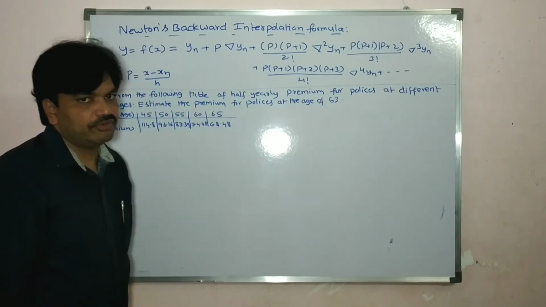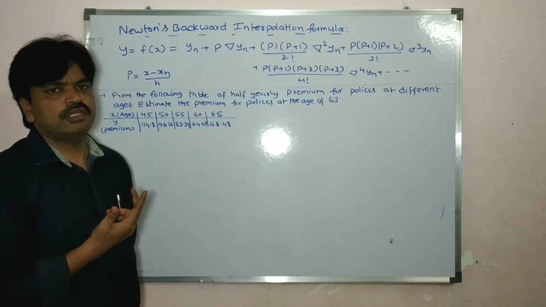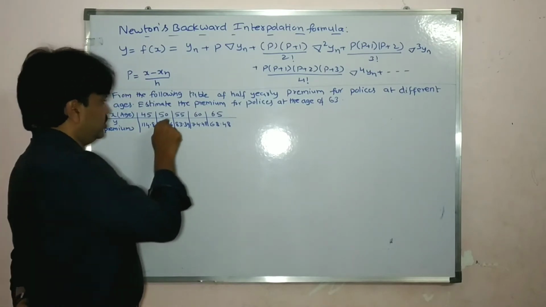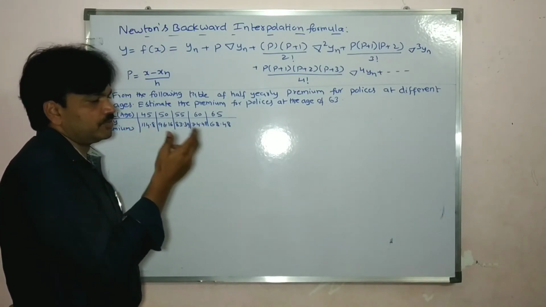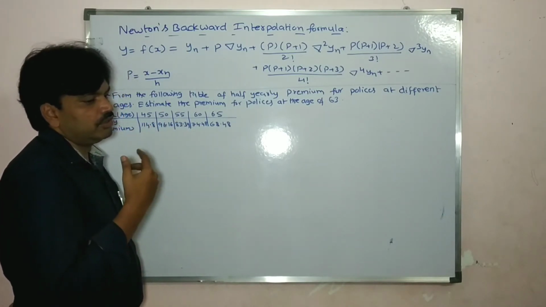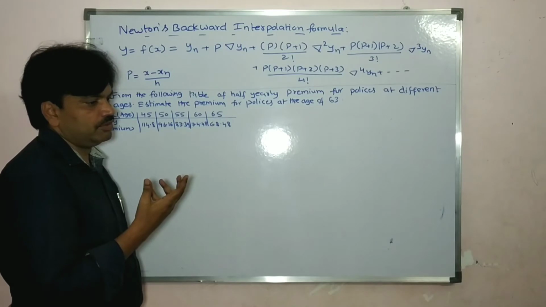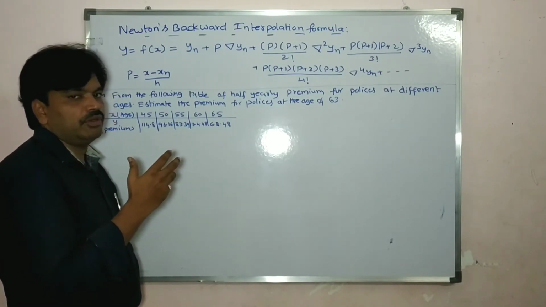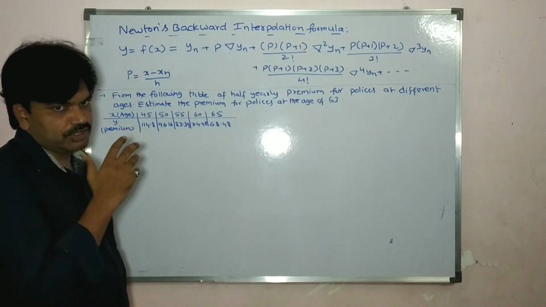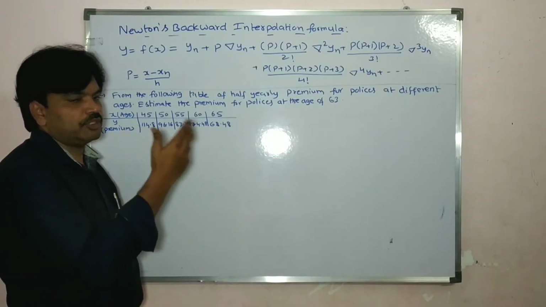In some cases, what happens, students? The problem says, for example, using forward interpolation or Newton's backward interpolation. Whatsoever method is mentioned in the problem, you follow that procedure. You adopt that method.